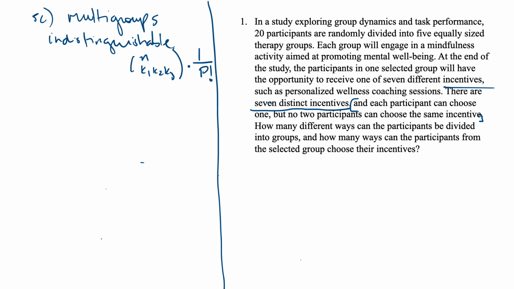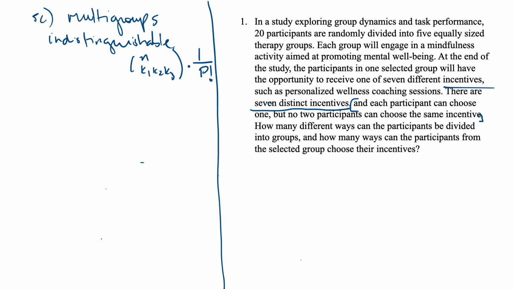These people from the star group will have to choose among 7 rewards. And the question is, how many different ways can the participants be divided into groups, and how many different ways can the participants choose their rewards? Okay, so let's do it from task to task.